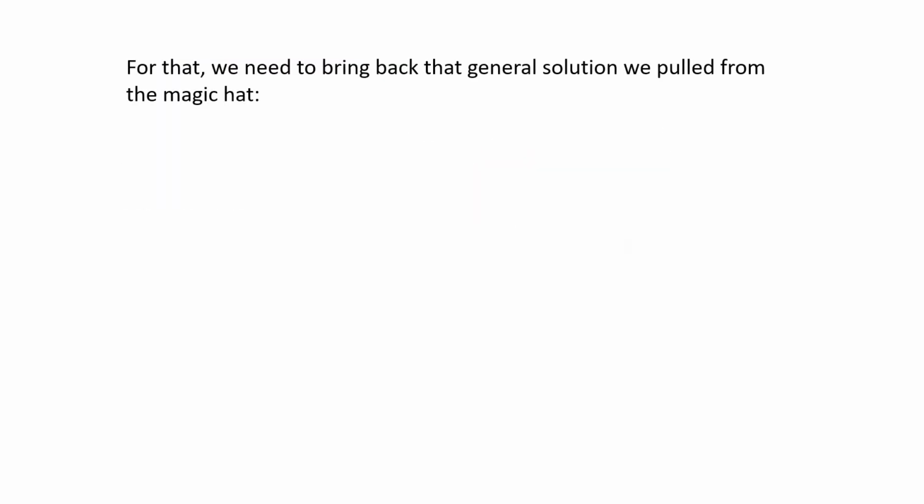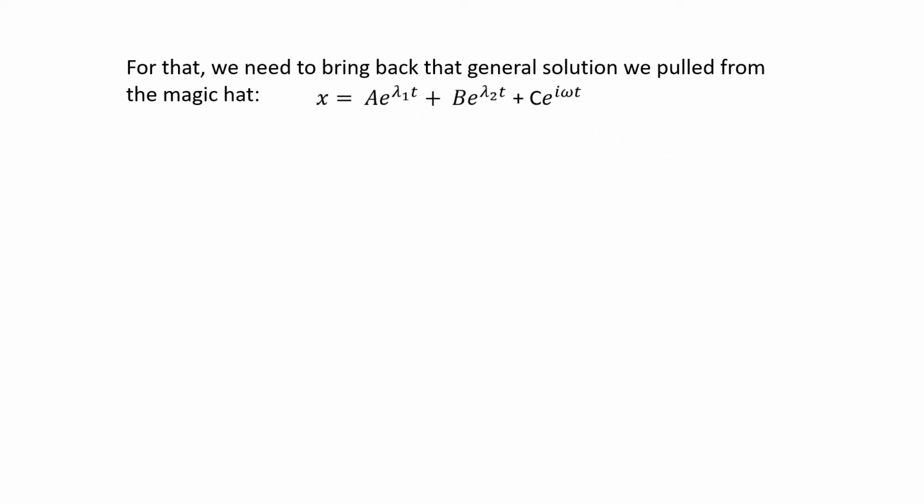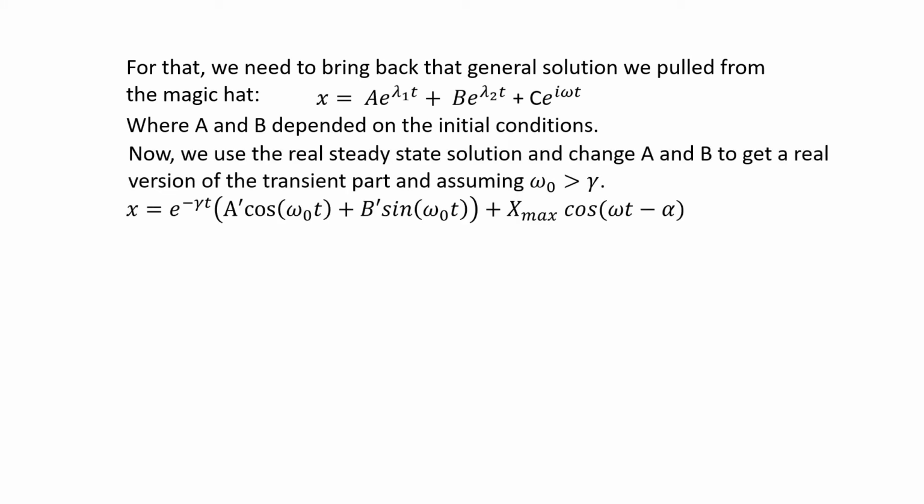For that, we need to bring back the general solution we pulled from that magic hat. That one. Where A and B depended on the initial conditions. Now we use the real steady-state solution and change A and B to get a real version of the transient part, assuming that omega sub 0 is greater than gamma.